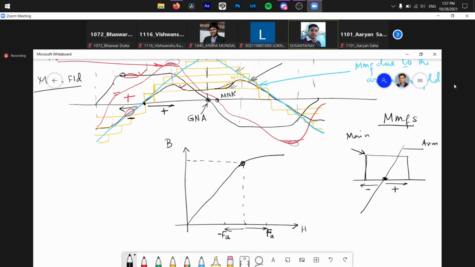So here you will get subtraction like this, but here you will get the addition only this much. You see? So that means you are losing something, because here you are losing more compared to the gain.